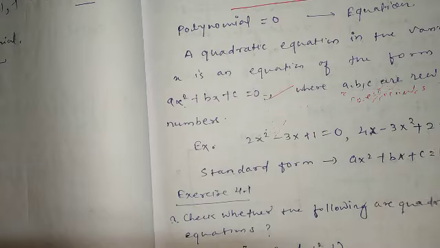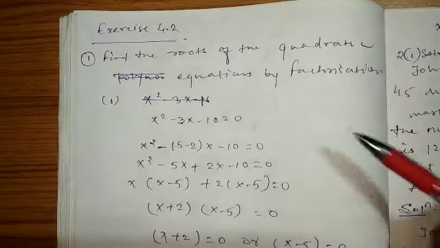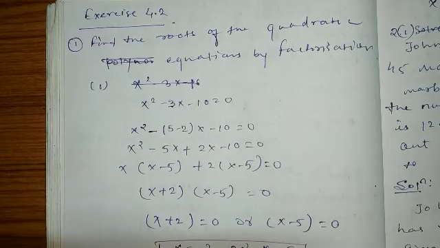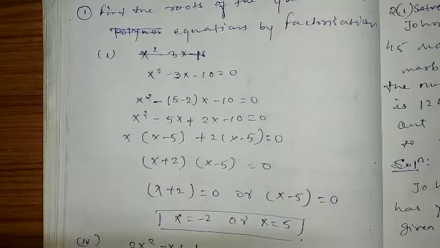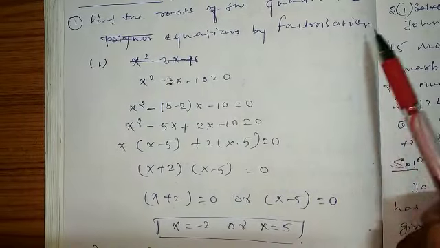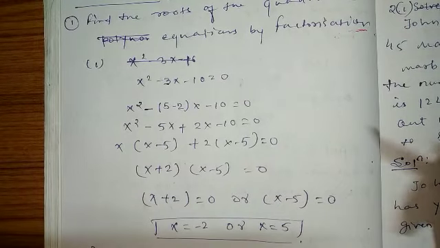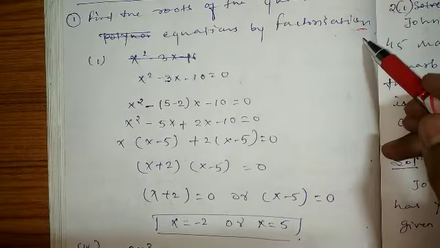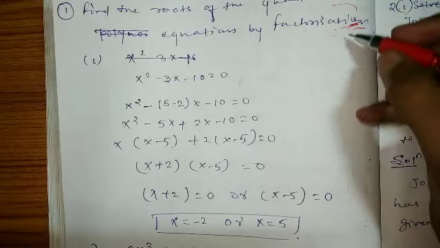So let's quickly learn how to find the roots of the quadratic equation. See, this is exercise 4.2 and this is the very first question: find the roots of the quadratic equation by factorization. We have many methods to find the roots of a quadratic equation, but in this question we'll use the method of factorization.